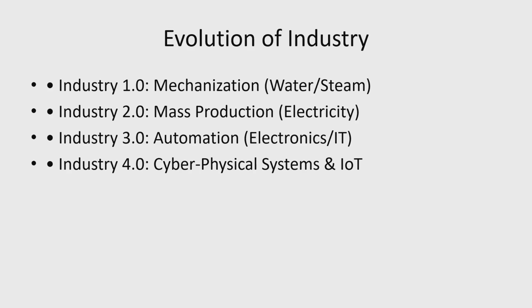So you can say the era of the 1970s is when we had a lot of automation, use of robots, and a lot of electronics and information technology. That was Industry 3.0. Today's age is Industry 4.0, which is characterized by cyber-physical systems, CPS, and IoT. These are the two main things, which are part of the smart factory.